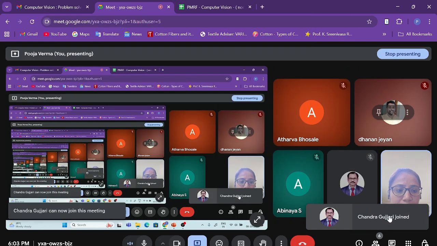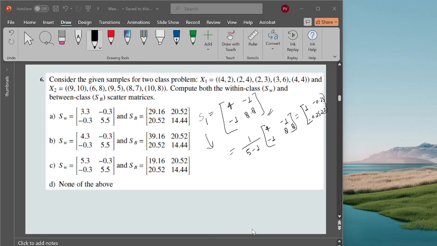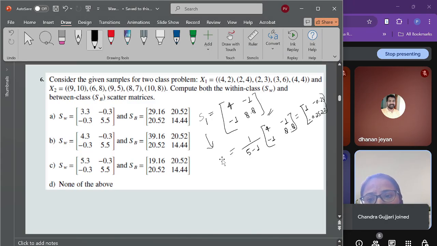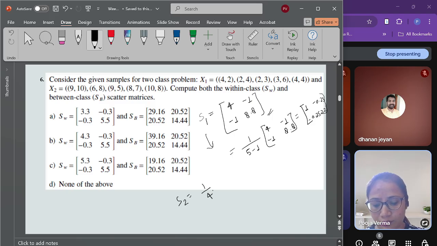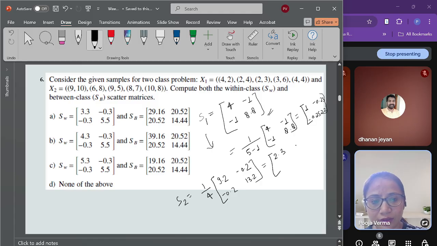Similarly, you have to calculate the S2 also. Then you need to add. If you add these two matrices, then you will get SW overall. So I just write it here for S2 also. For the matrix that we have got, 9.2, minus 0.2, minus 0.2, and 13.2, if you further divide it, you will get 2.3, minus 0.05, minus 0.05, and 3.3.